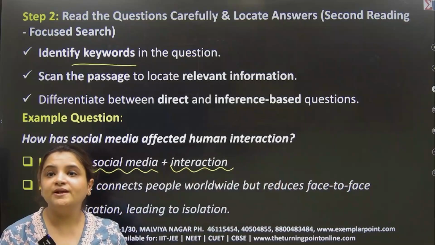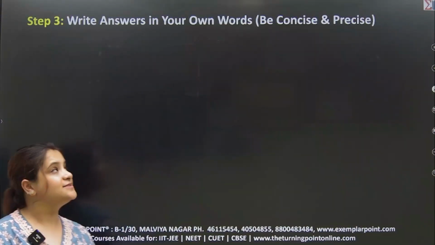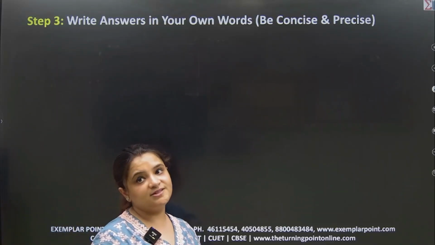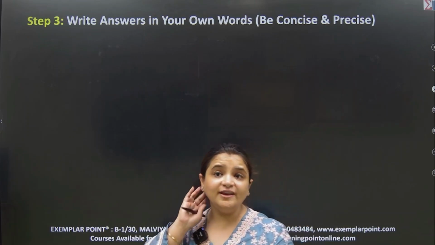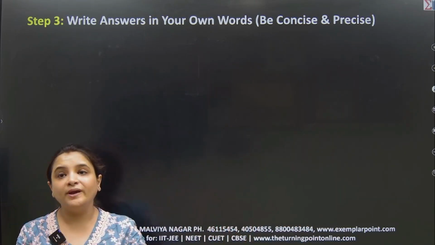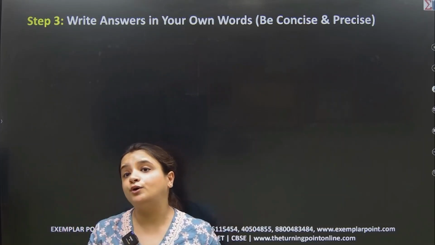Now, this will take me to my final step, and that step is to write the answers in your own words. Now, this is also very, very important. When we write answers to the questions given in the passage, we must change the answers in our own words.